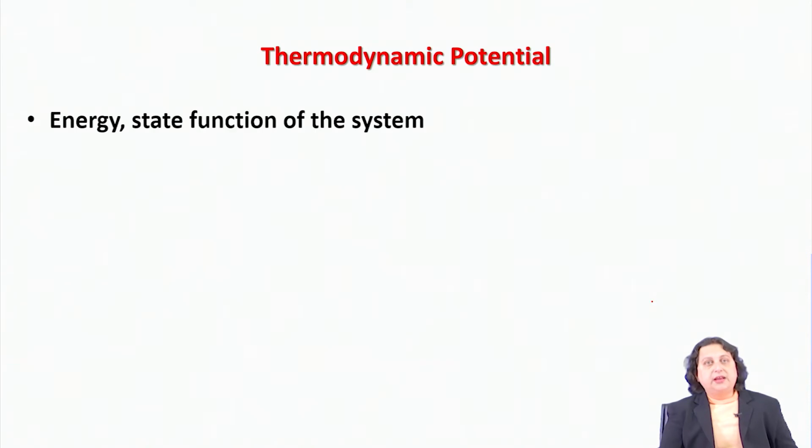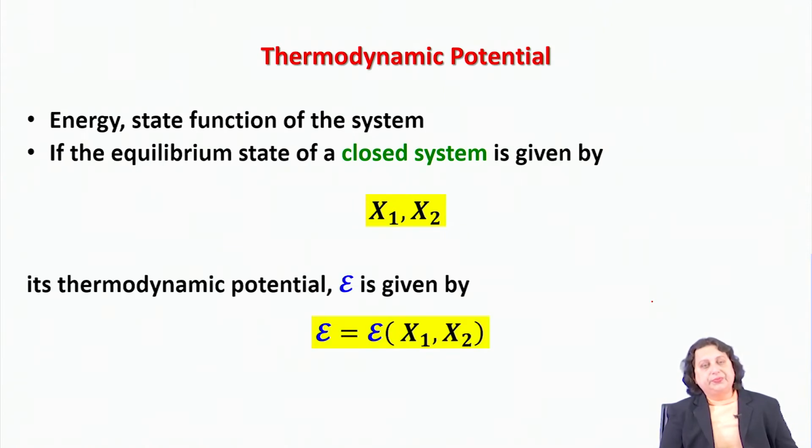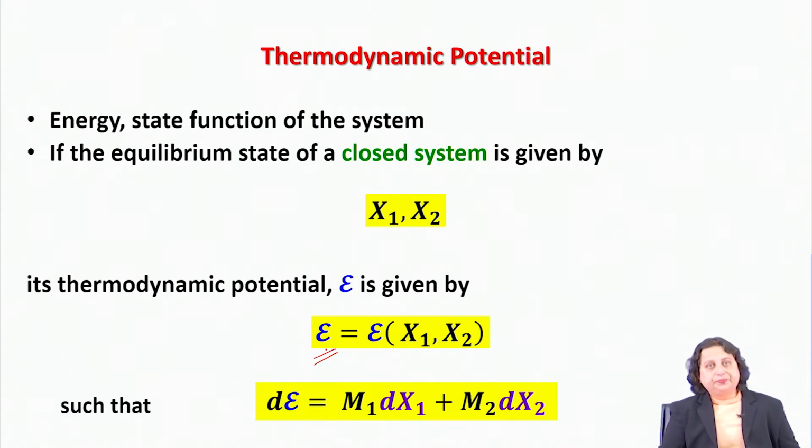So what is a thermodynamic potential? A thermodynamic potential is some kind of energy function of the system. It is a state function. If the equilibrium state of a closed system is given in terms of two independent variables, x1 and x2, its thermodynamic potential, which I represent generically as big epsilon, is going to be a function of x1 and x2.